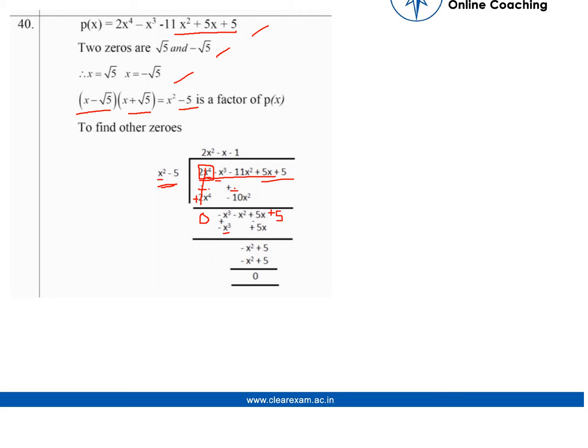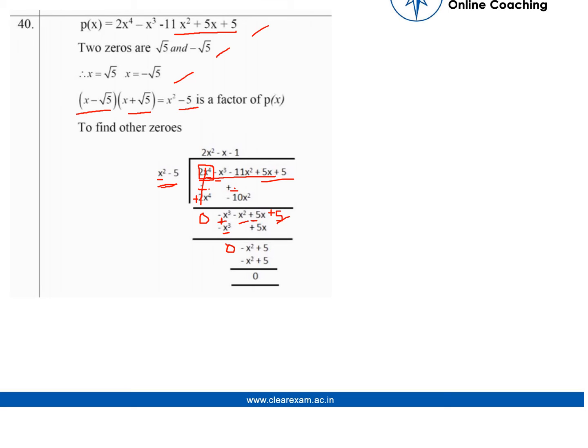So −x into x² is −x³, because when we change the sign it becomes positive and it cancels out and becomes 0. And for −5 into −x, it becomes positive 5x. So we take −1. The remainder will be −x² + 5.